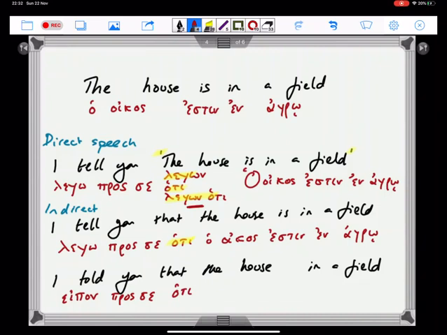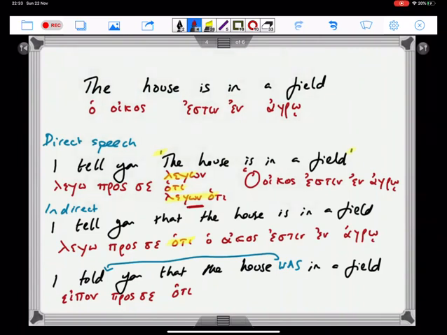Now, in English, I told you that the house blank in a field. We are now going to have to say "was in," reflecting the tense of "told." But what did I tell you? The house is in a field. The content of the speech hasn't changed, it's the framing that's changed. And Greek decides not to care about the framing, but to maintain the tense of the content of the speech.